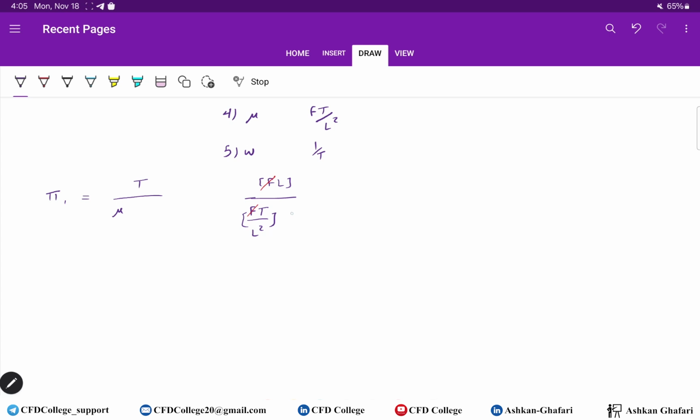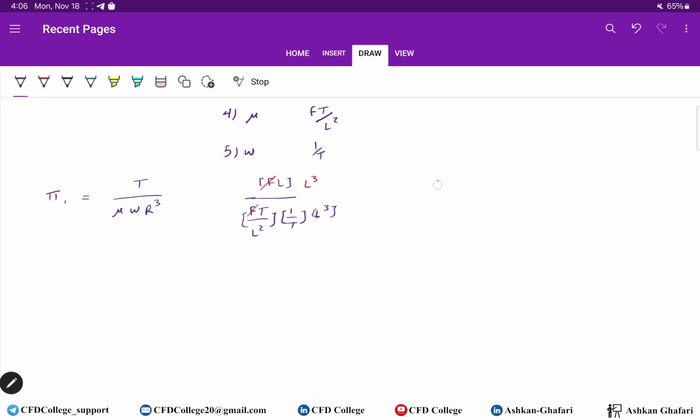So if I put 1 over T, the T is gone. So omega. And for L, here we have L square, so basically we have cubic L in the numerator. So we need cubic L, which means R to the power 3.